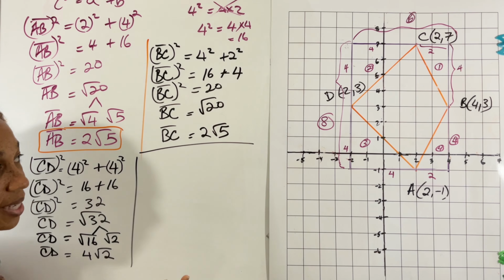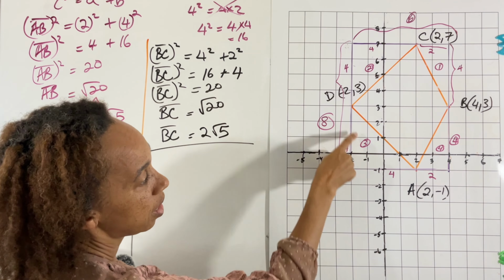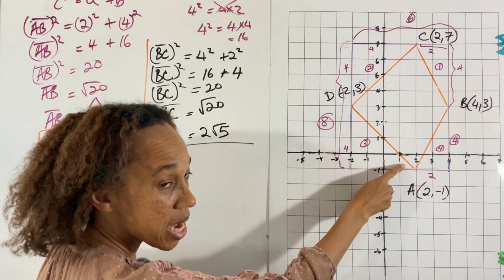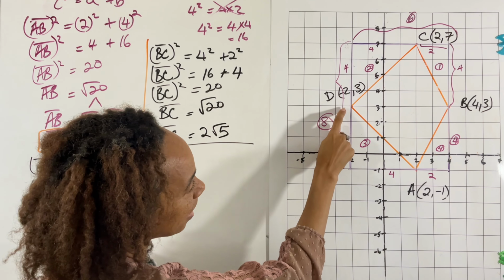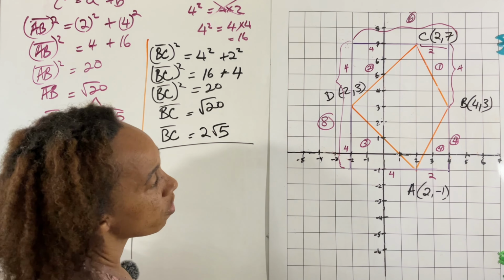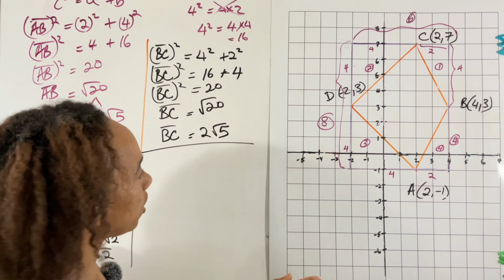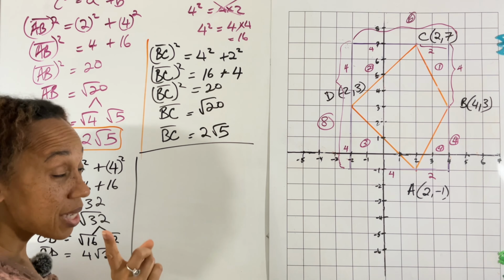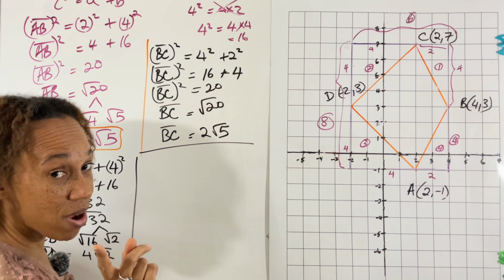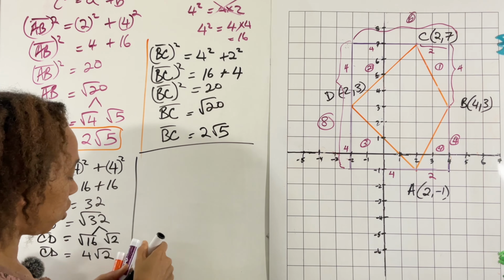And it so happens that, guess what? This segment here, which is segment AD, and segment CD, they are going to be the same measure, all right? The same measurement. But that figure is not a rectangle, all right? Just want you to know that.